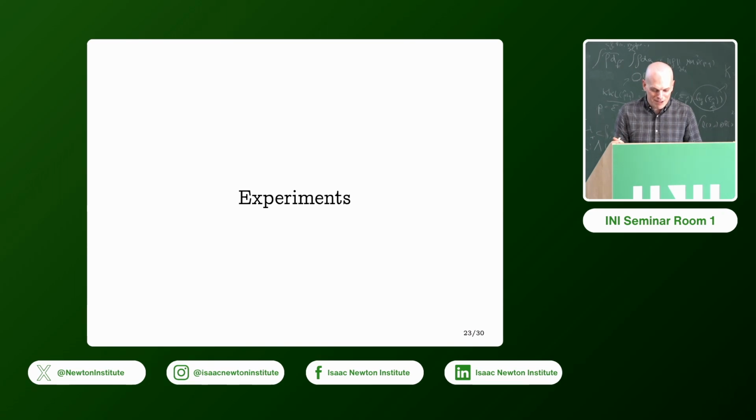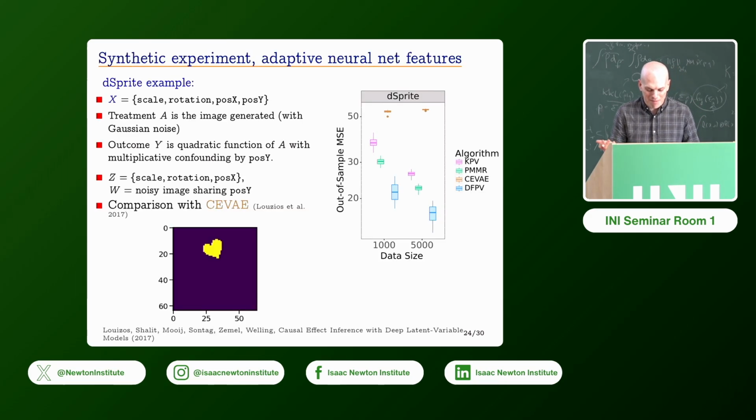Okay, so I can talk briefly about some experiments. These are synthetic experiments, so it's not super exciting, but I can still describe it. Basically what we wanted is to demonstrate an example where the treatment was high dimensional. In this case, X is something fairly low dimensional.